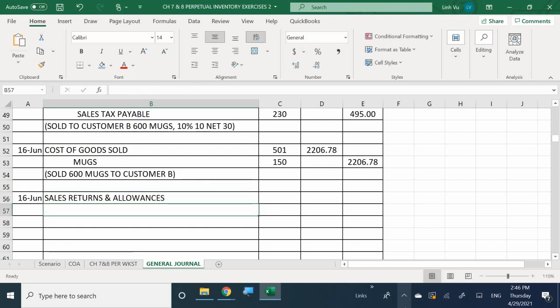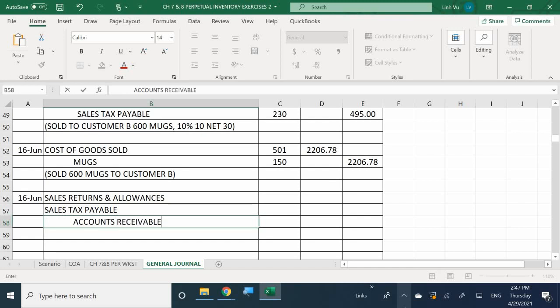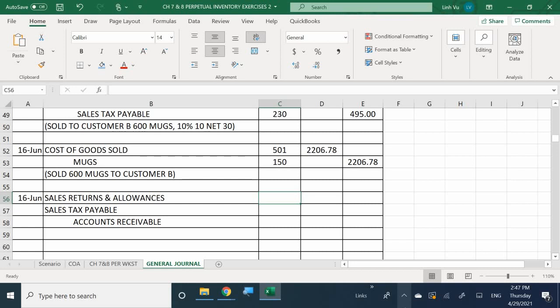Okay. We also have to give back their tax, right? And you just said that we also have to update our accounts receivable because, well, we can't give them their money back. We can only reduce what they owe us. So in this case, what was my sales returns and allowances account number? I think it's 406.